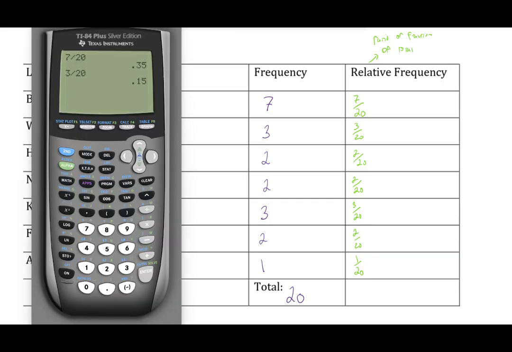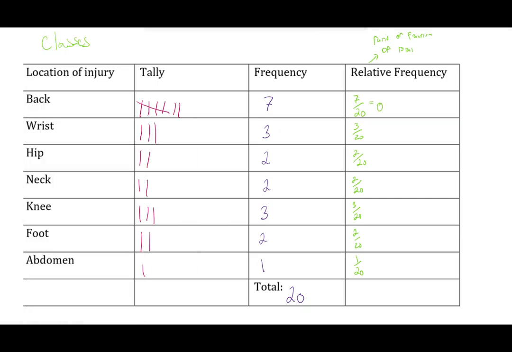And we can grab our calculator and rewrite these as decimals instead of fractions. We can do 7 divided by 20, 3 divided by 20, 2 divided by 20, 1 divided by 20. And now we have all of the decimal representations that we can add in here. So this would be the same thing as 0.35.